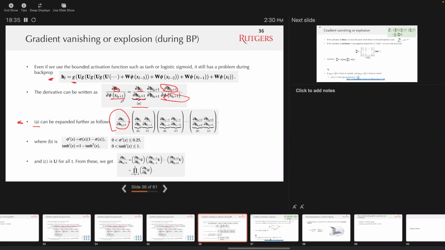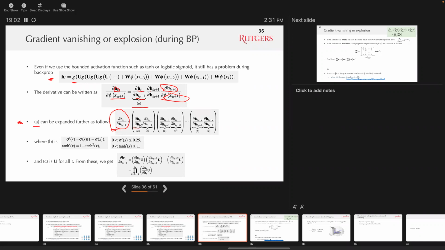Then you can further decompose this term using the chain rule. Using the chain rule, you can see that it's going to be the product of many terms. For example, the first term will be the gradient of h_L with respect to h_L before the nonlinear activation.